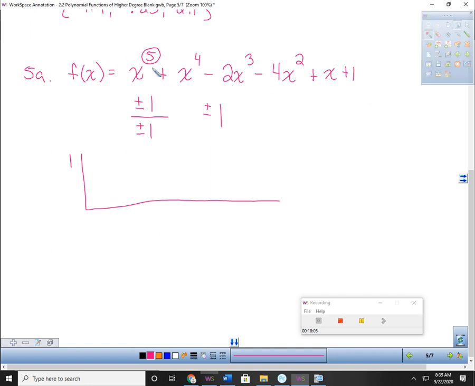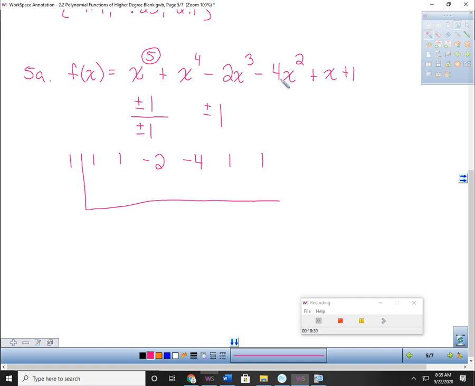And you have to make sure that you're not missing anything from the front. So if I started with x to the 5th, I have to have the rest of them after that. And then you're going to put all of the numbers that are in front in this box. So you have 1, and then in front of your x to the 4th, a 1, negative 2, negative 4, 1, and 1.